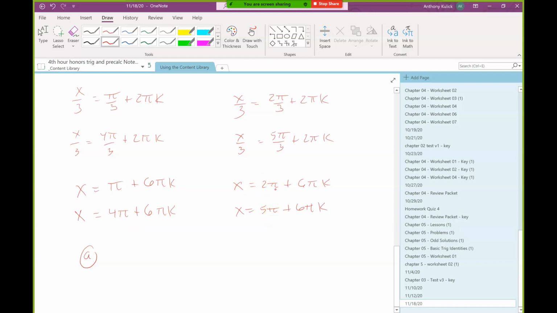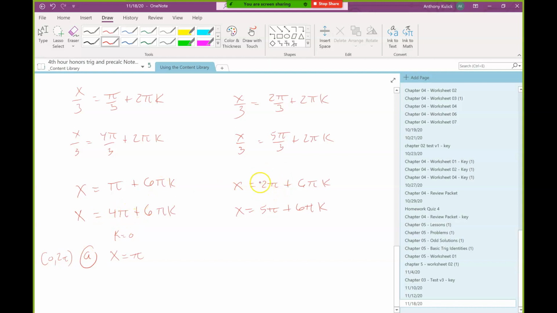And the smallest non-negative number I can have is 0. In that case, this would turn into pi. That's between 0 and 2 pi. This one would turn into 4 pi. That's too big, so I'm going to ignore it.